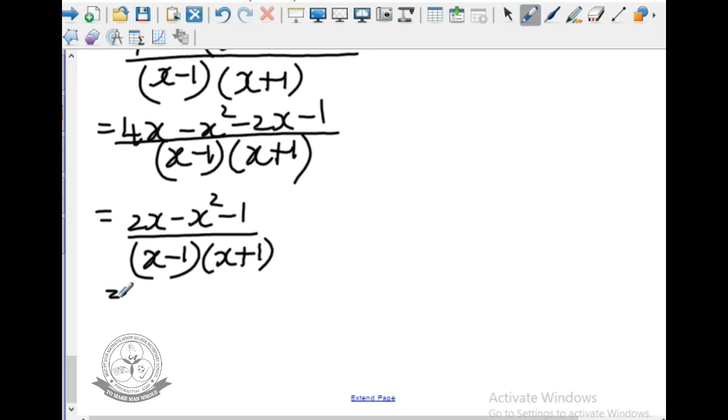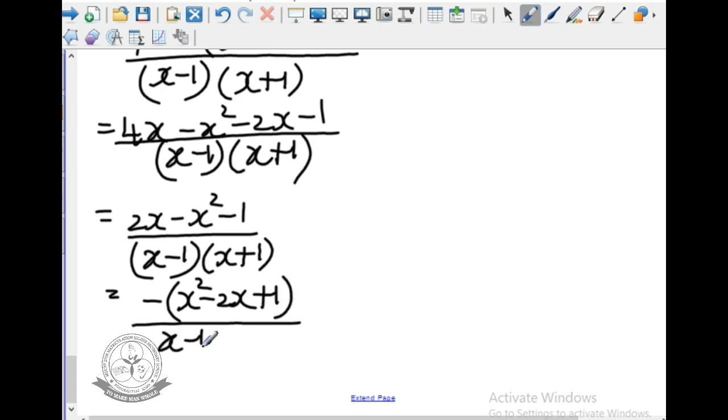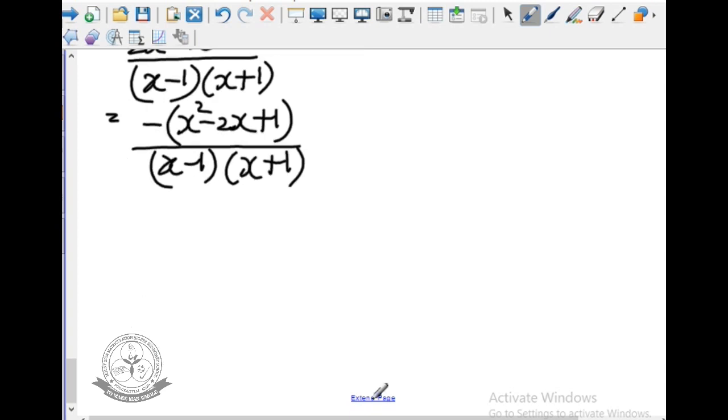Here the x squared coefficient is negative, so I take minus outside. So minus x squared will become plus x squared, plus 2x becomes minus 2x, minus 1 will become plus 1, whole divided by x minus 1 into x plus 1. That is equal to minus, the product is plus 1 and the sum is minus 2.